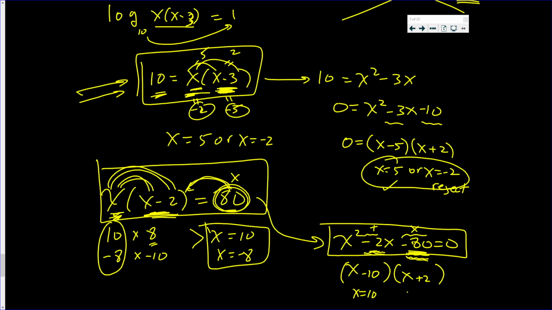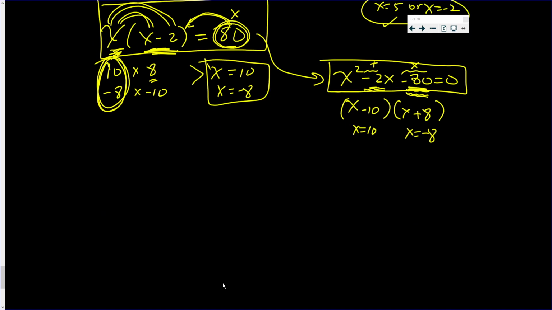So x is 10 or x is -8. x + 8. -10 and +8 multiply out to -80 and add up to -2. But I had those two numbers a long time ago.